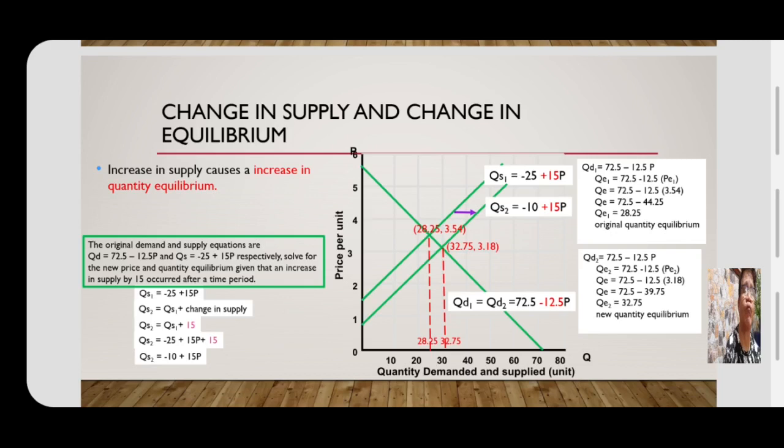So how much is the change? About 4.50 units. So that's the value of the change in quantity equilibrium. Because of the increase in supply by 15 units, quantity equilibrium increased by 4.50 units.